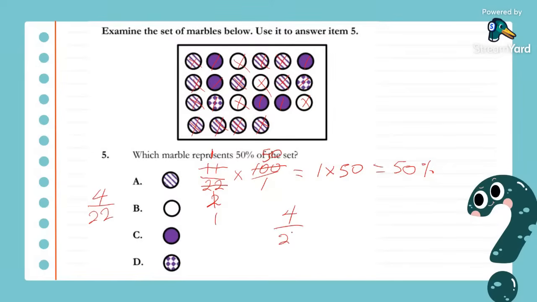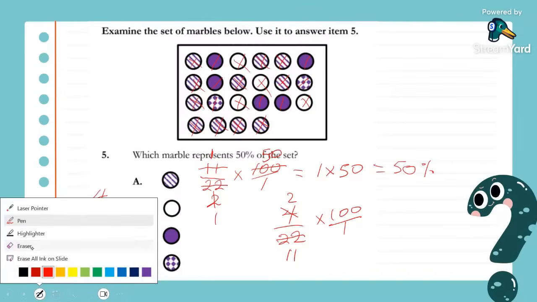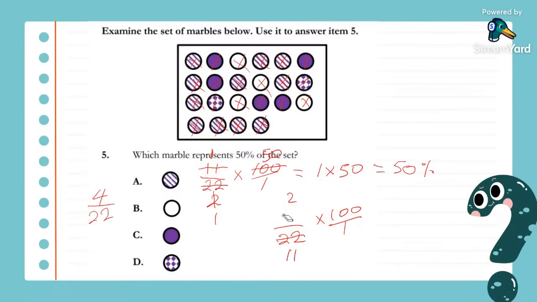4 out of 22 times 100. You can go ahead and start helping me in the chat. So I'll say 2 into 4 goes 2 times. 2 into 22 goes 11 times. All right. Okay. So maybe this is not the simplest way to approach this. I always want to do it the simplest way for us all.